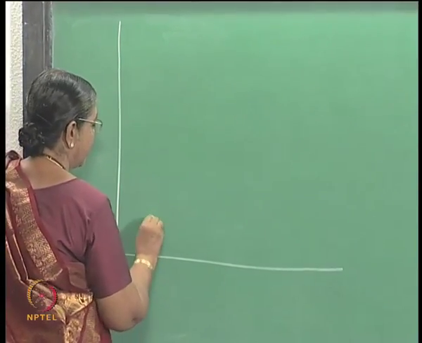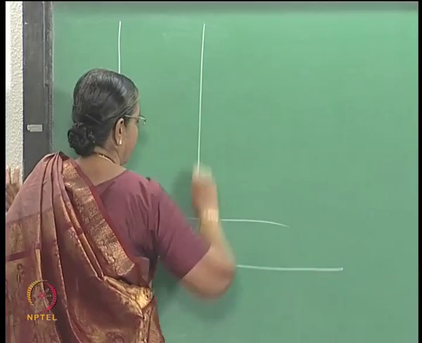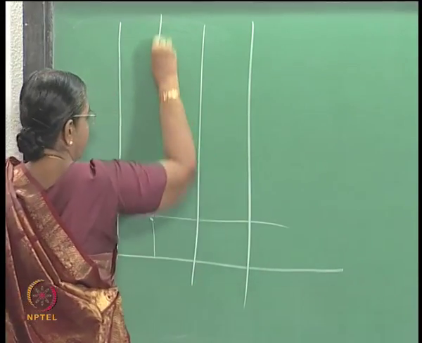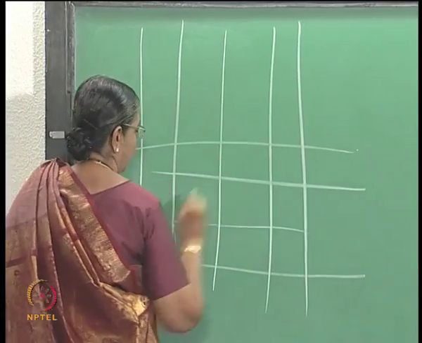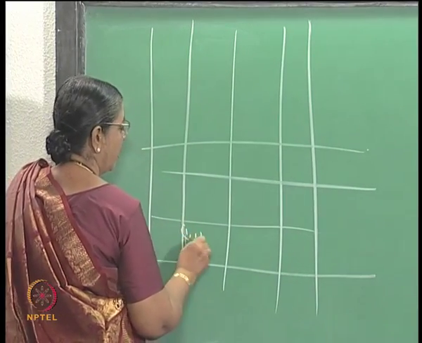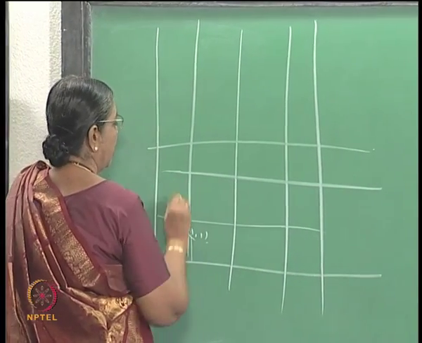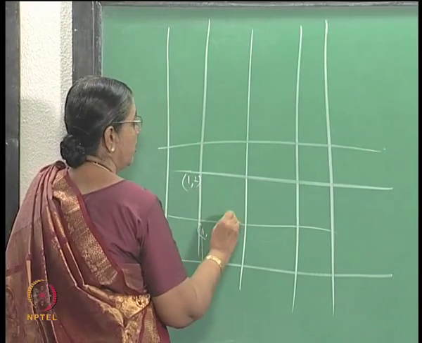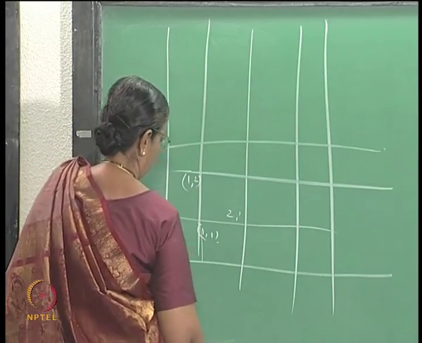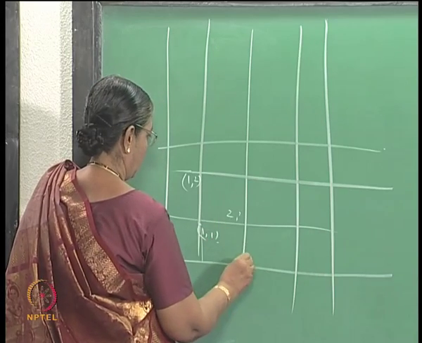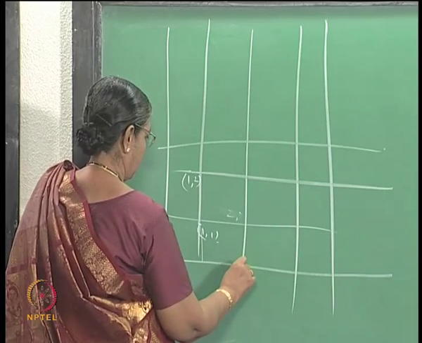Suppose I have this integer grid points, the x and y coordinates represent pairs of integers.